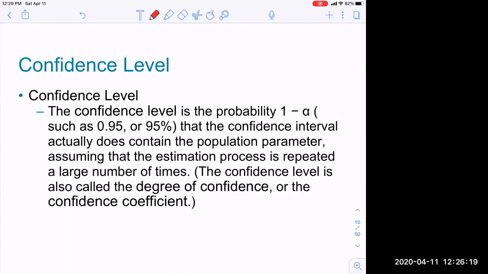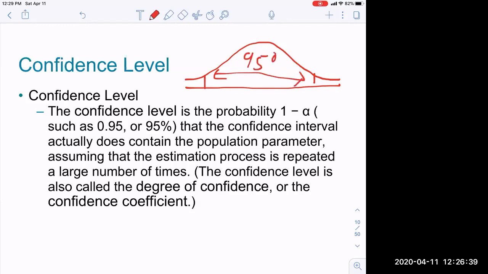So this goes back to our old normal distribution, where this alpha is 5%, but we're cutting into these tails. So in between here is our 95%. Out here is half of alpha, in this case 0.025.